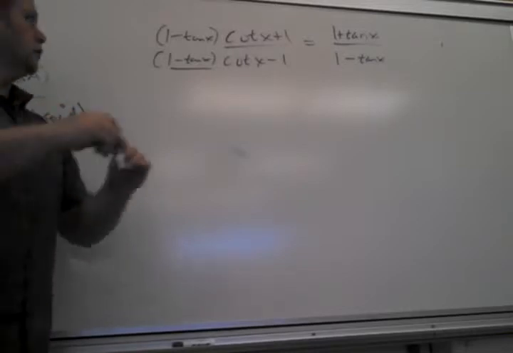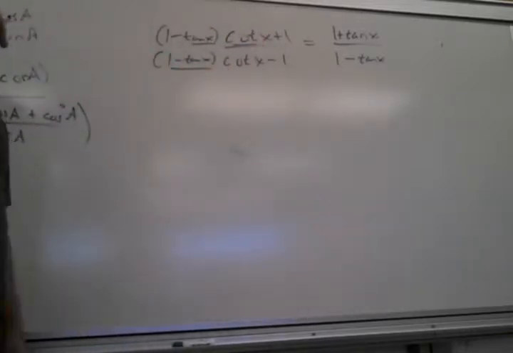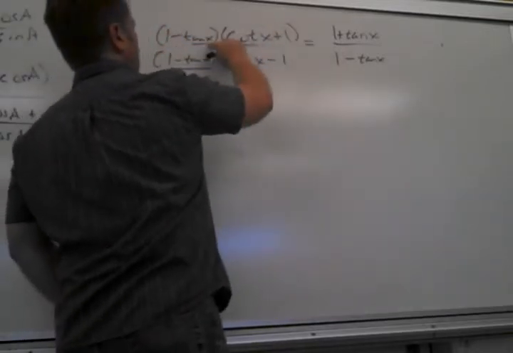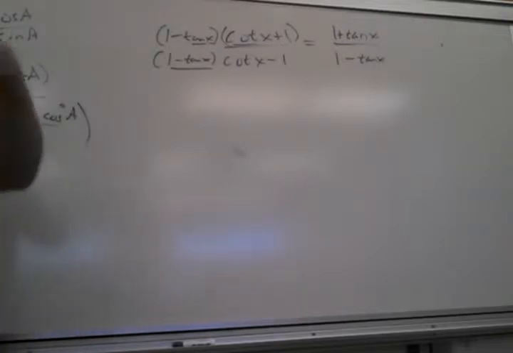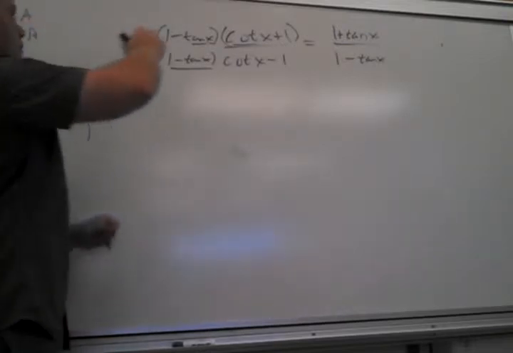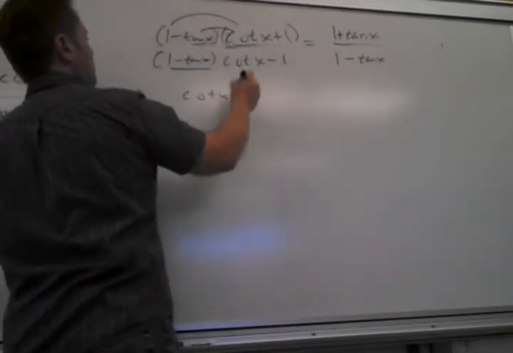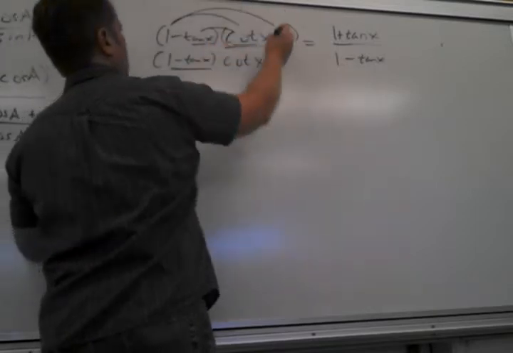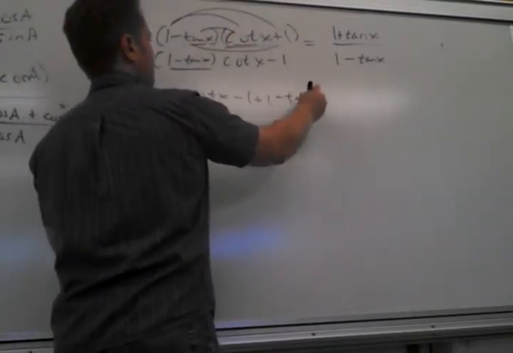So on the top, what's really nice with tangent and cotangent? Tangent times cotangent will be 1, because one is 1 over the other. They're multiplicative inverses, reciprocals. So I get cotangent x minus 1, and I get plus 1 minus tangent x.